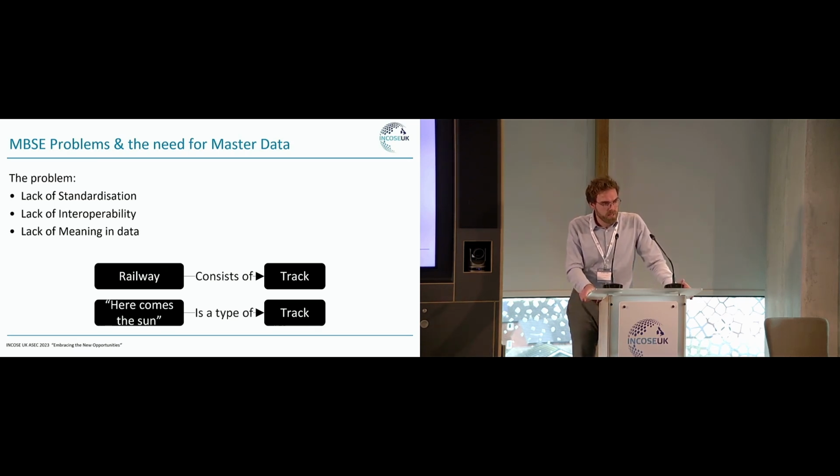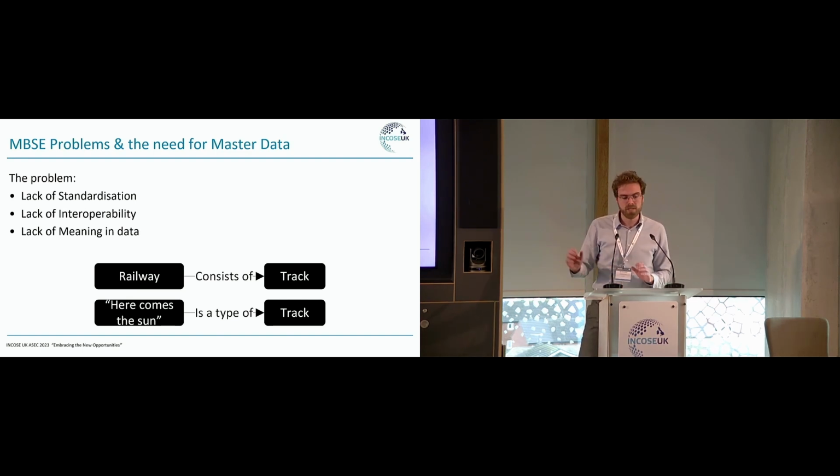Second, the lack of interoperability: how do we exchange systems engineering information across the different applications that we are using? And also the lack of meaning of the data. We're not just pumping data around; we also need to make sure that when we share information, not only do we understand the meaning of the data when we read it, but also the computer understands that.